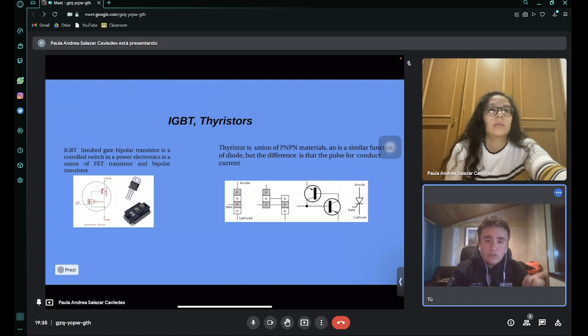And the thyristor is a union of PNPN materials, and it has a function similar to a diode, but the difference is that it needs a pulse to conduct the current.